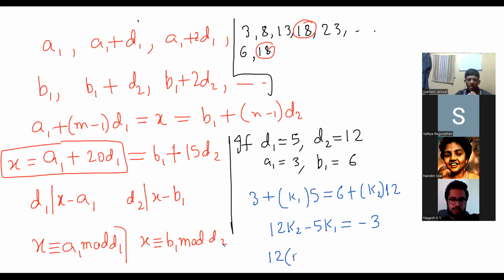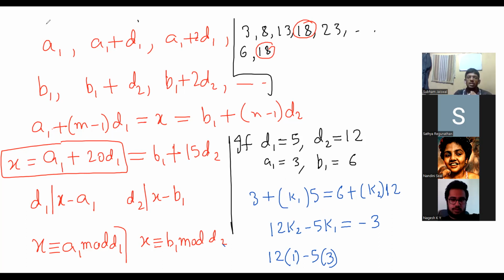Nothing before that. 1 and 3, maybe. 4 and 2. Anyway, 1 and 3 work, right? K2 equal to 1 and K1 equal to 3. And yeah, you are right, it's 4 and 2 to be precise. So K1 is coming out to be 3, which means it's the 4th term. Anyway, you understand. So that's it.